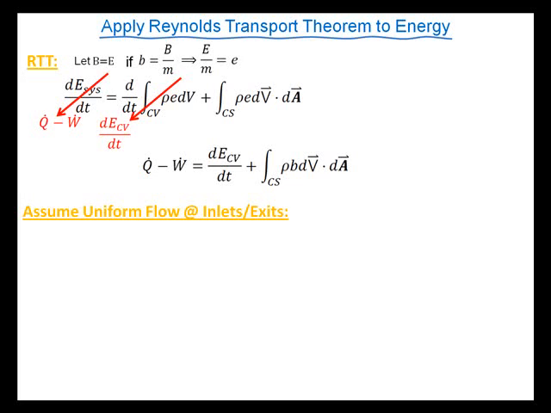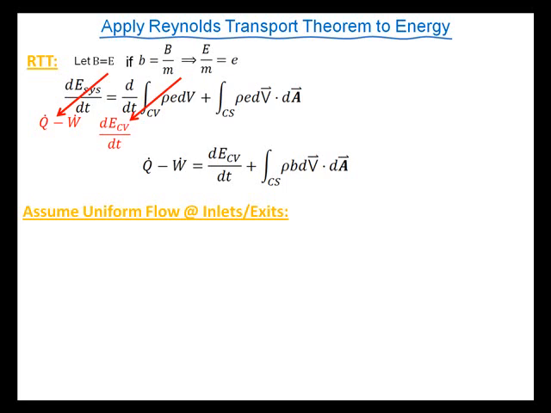So if we look at the dot product for the fluid that's going in, that gives us a cosine angle of 180, which becomes -1, and going out, that gives us a cosine angle of 0 between the velocity vector and the outward normal, which gives us +1. So we can replace that integral with summations.